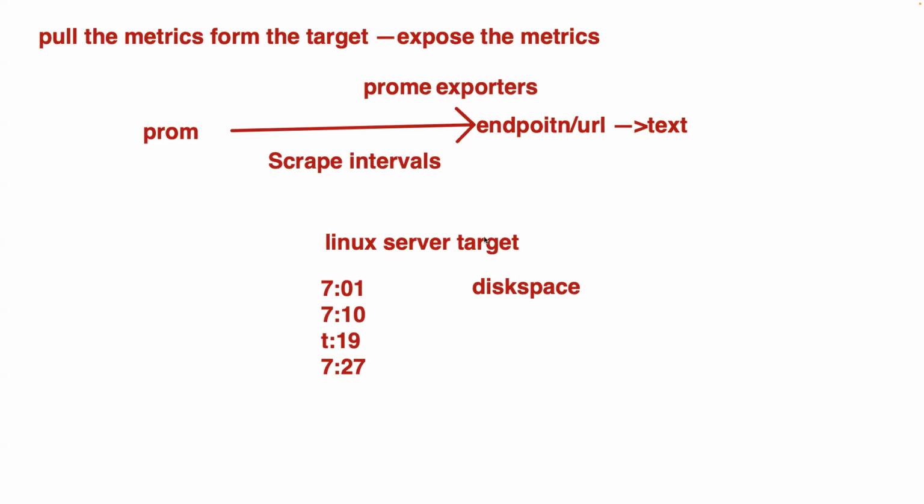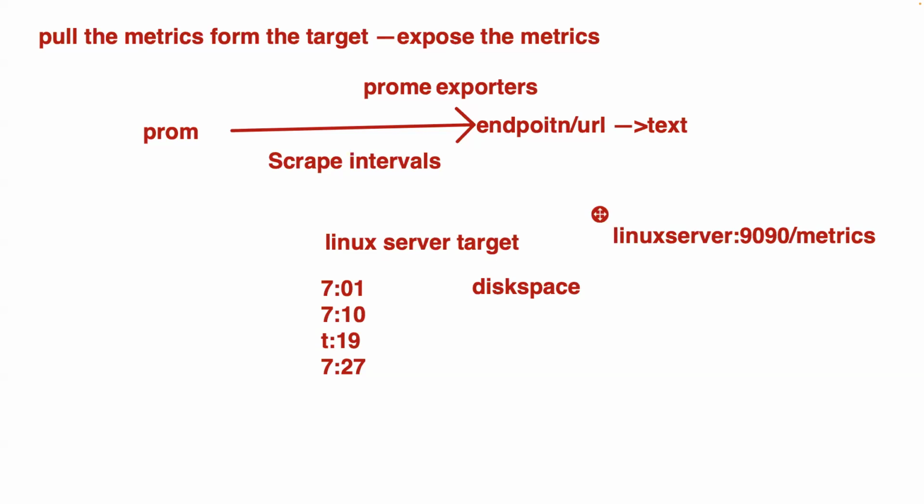But the target, this Linux server, should expose it to a URL. All those metrics it has to expose to a URL which Prometheus can understand. The URL would be like that Linux server IP, there is some port of that exporter once you install it, colon some endpoint like metrics. That's a default endpoint. That's a URL where it will show the metrics. From there, Prometheus will scrape.